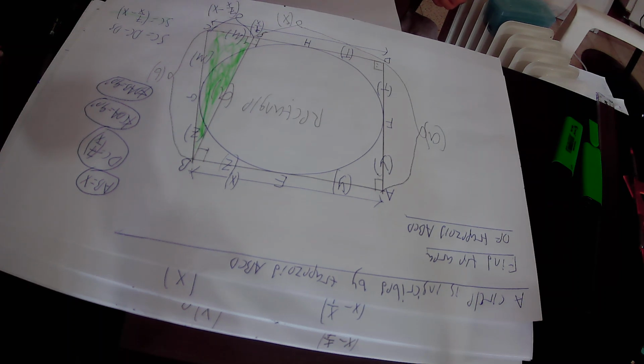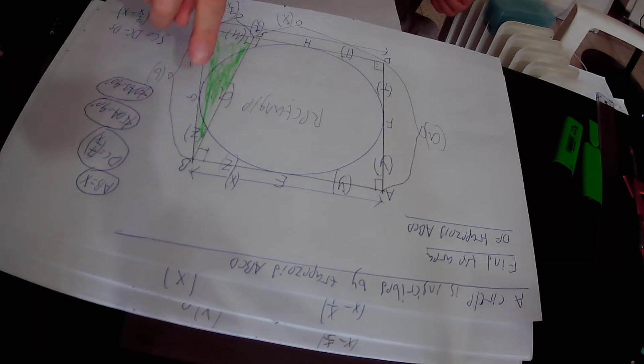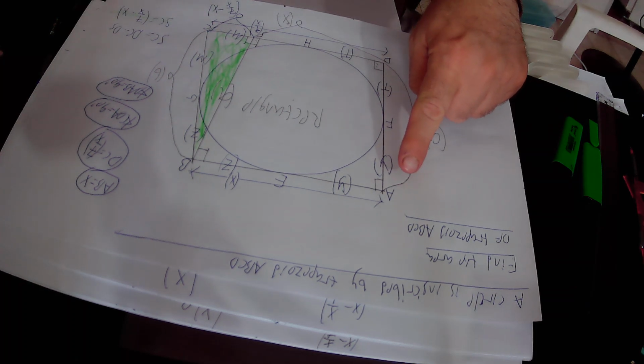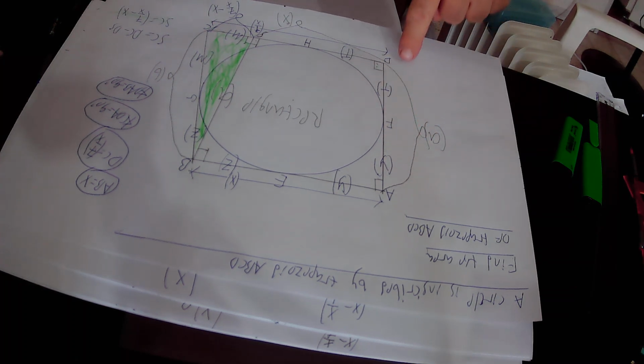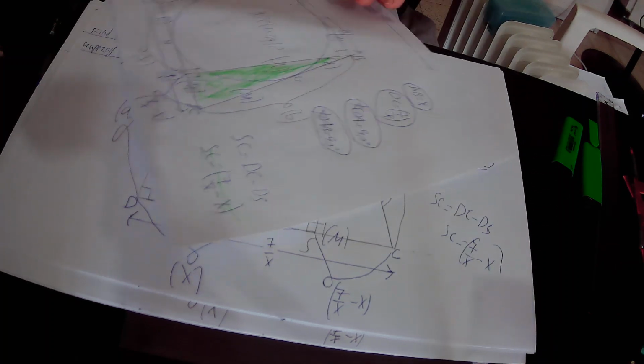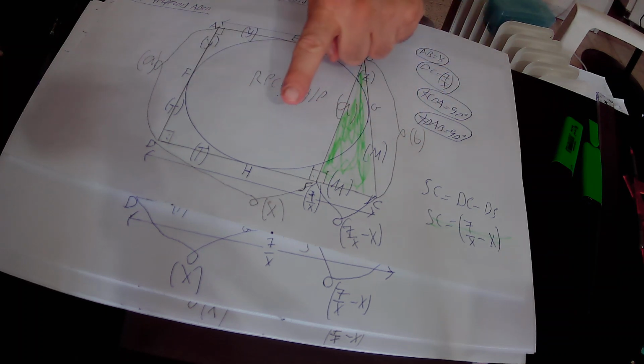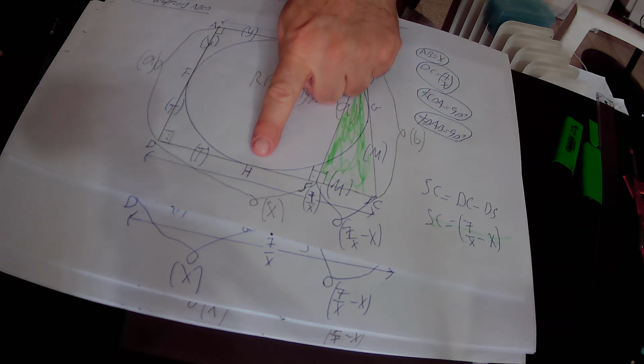We define the point of tangency of side AB with this circle as E. We define the point of tangency of side BC with this circle as G. We define the point of tangency of side AD with this circle as F. And finally, we define the point of tangency of side DC with this circle as H.